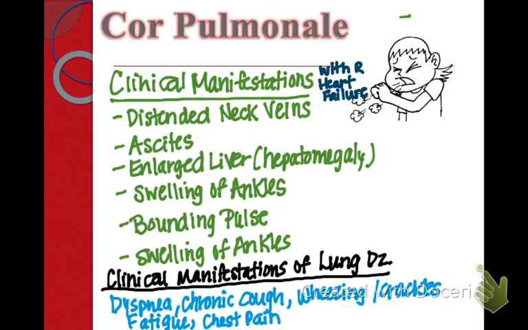So these are things you may see with right heart failure. Enlarged liver or hepatomegaly, swelling of ankles, bounding pulse. Oh, I did swelling of ankles twice. Look at that, I'm just on top of it, aren't I?